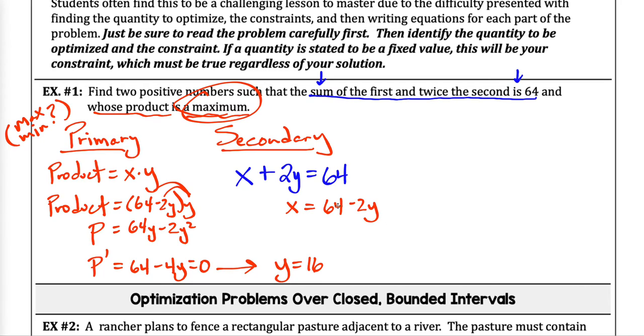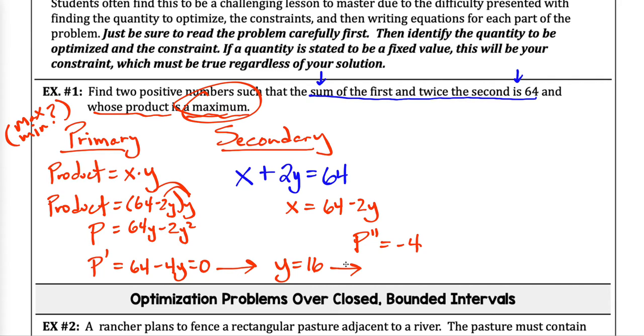It's kind of annoying. I'm going to plug it in the second derivative because I just wanted to use that way. So I would find p double prime, and I totally am out of space here, which is going to be negative 4. And in fact, no matter what number I plug into the second derivative, the answer would always be negative 4. So y equals 16 is going to be, is that a max or min?